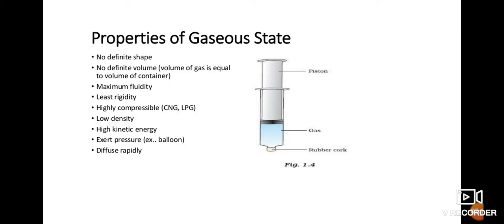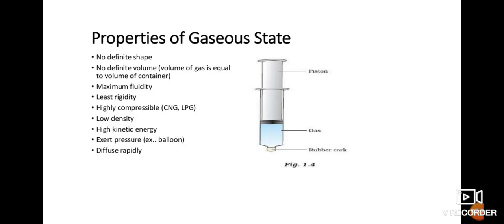Gases have got the lowest density, but since the intermolecular space is highest, they have got the highest kinetic energy. They can also diffuse rapidly due to the very high kinetic energy present within them.